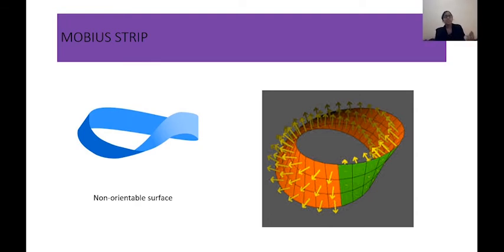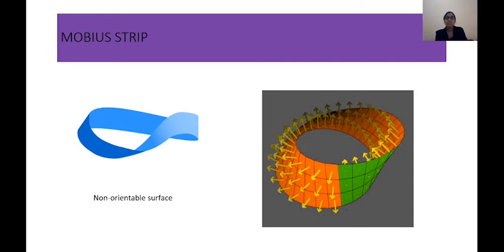So for this type of surface, we cannot define the orientation, because we cannot say that it is outward or inward. The orientation of a surface depends completely upon the unit normal. If you take a particular unit normal and move along this surface, it comes to a different position.